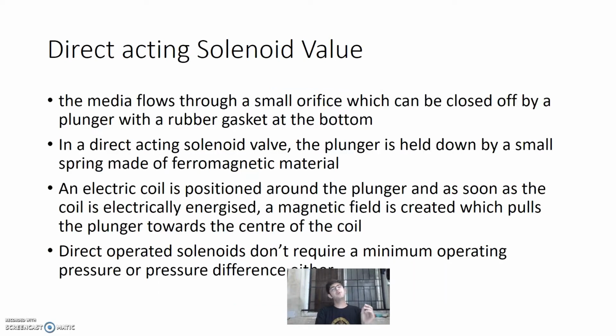Right now, the media flows through a small orifice which can be closed by a plunger or a rubber gasket at the bottom. So if you have an open hole, you have a plunger and a rubber gasket to seal it, to prevent the leakage of the fluid. By that you can close that small orifice and prevent our fluid from flowing through it. So we have a plunger.